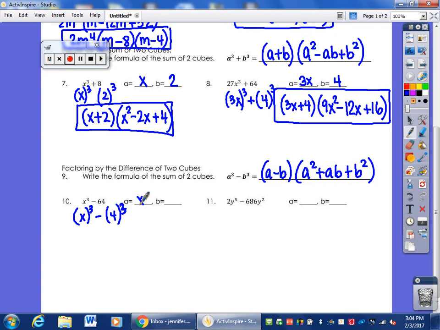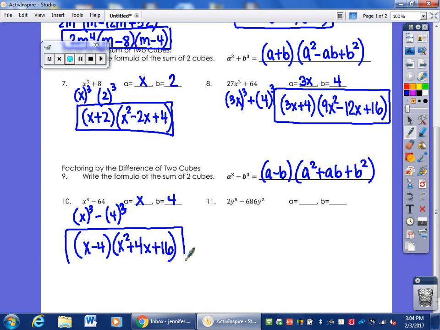So that's an x and a 4. So we're going to have x minus 4 times x squared plus 4x, and then plus 16. Now notice that my b value is 4, not negative 4. The minus sign comes in from the difference of two cubes.